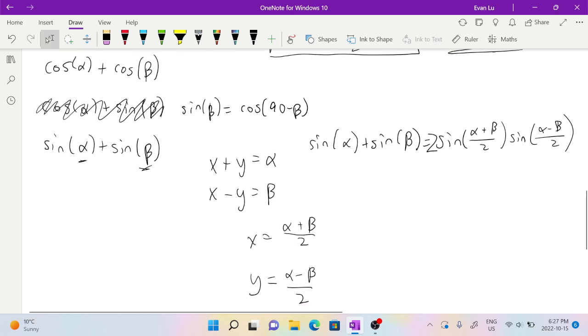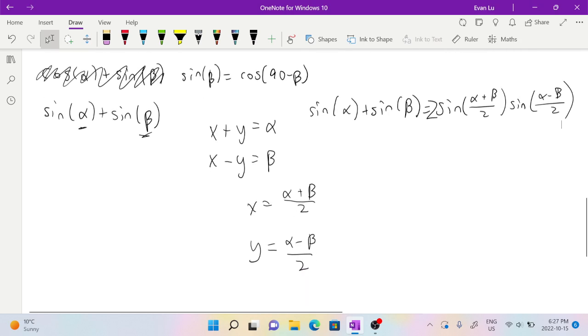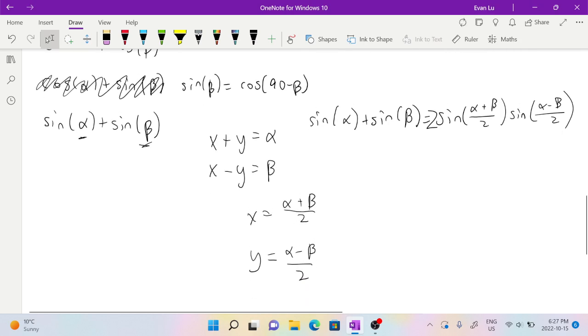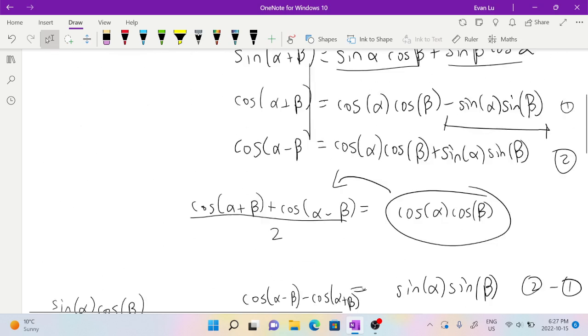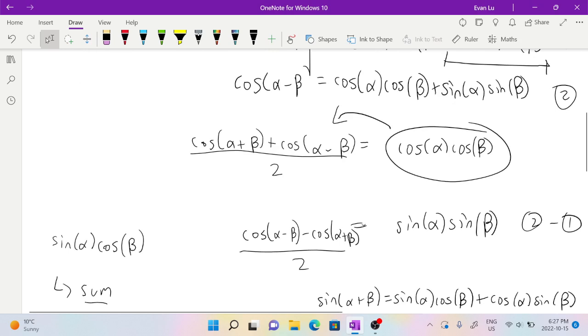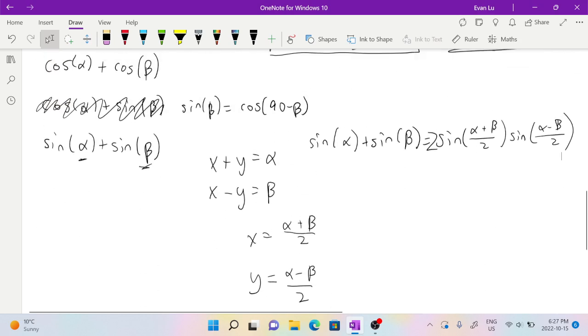And now for the final one, which is a cos plus a cos, again, we really want to use the cos formula that we saw. So the cos formula that we saw up here, I'm just going to use the addition case. Again, it's a very similar idea. We had the alpha plus beta and the alpha minus beta, so you can actually just copy exactly what we had.